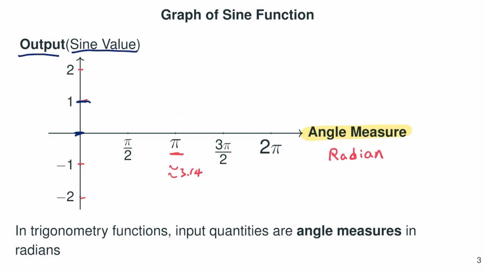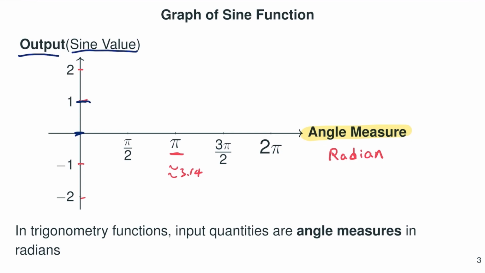But here, essentially, we have the same unit. We just didn't mark it, but if 1's here, 2's here, 3's a little smaller than pi, and 2 pi's here, it means here is about 6. So having radians, we can have the same x and y unit scale. Okay. So keep that in mind.